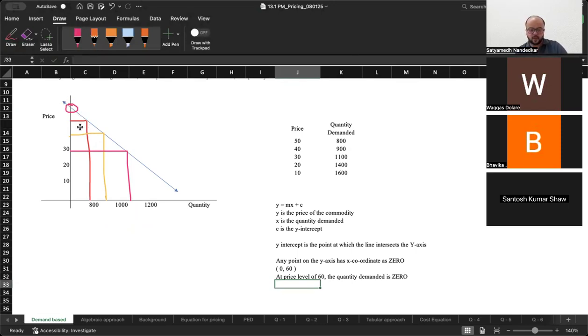So that means till 59.9. Before 60, there must have been a point 59.9 here somewhere. At this point, there must have been some demand, something like 1 unit or as low as possible. The moment the price touches 60, the quantity demanded becomes 0.